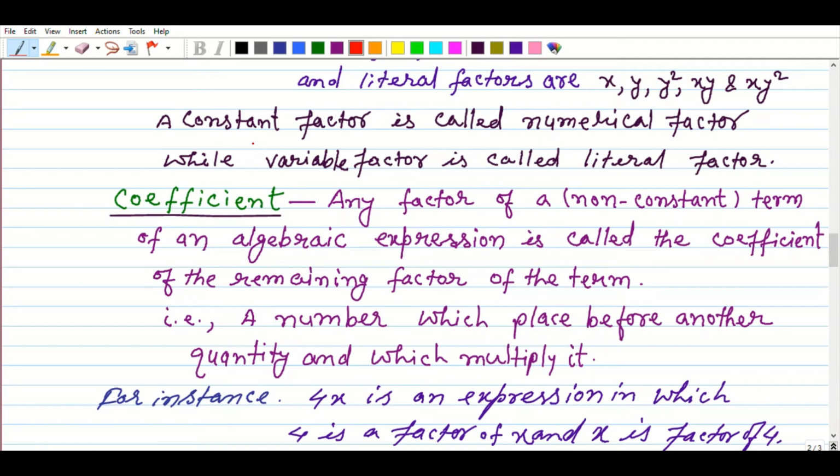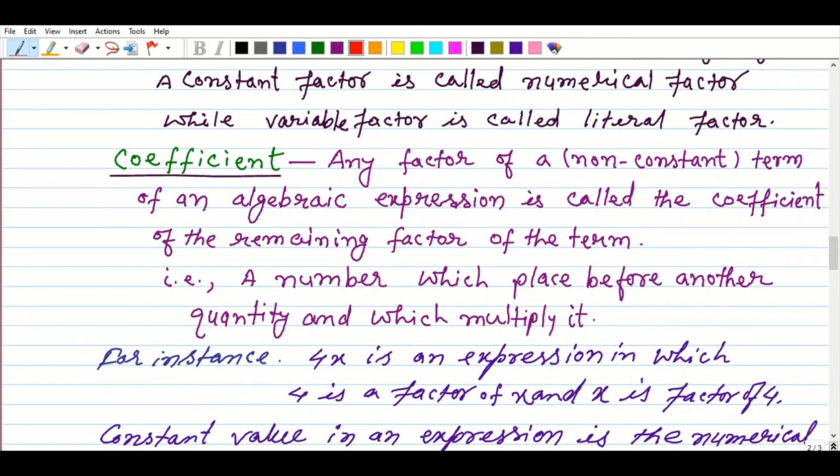So not required more things to explain it. What is coefficient, right? Numerical coefficient and variable coefficient or literal coefficient, you can say that. So all alphabetical small letters are literals or variables.